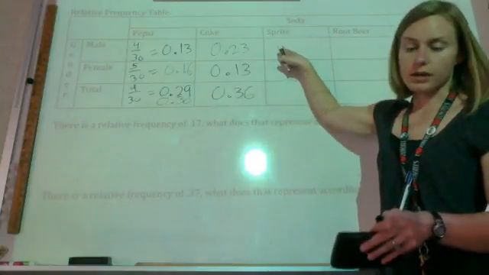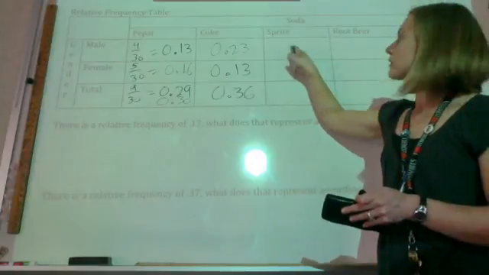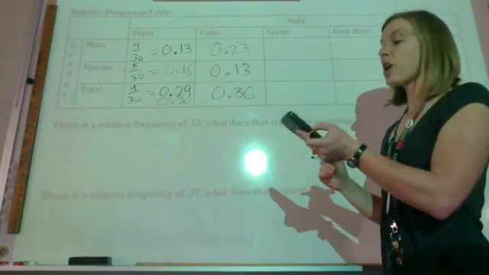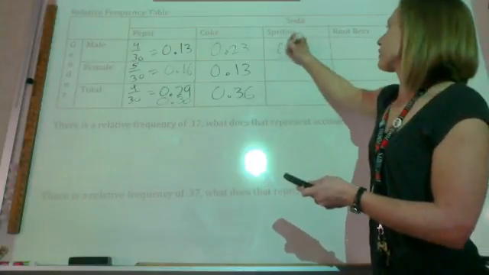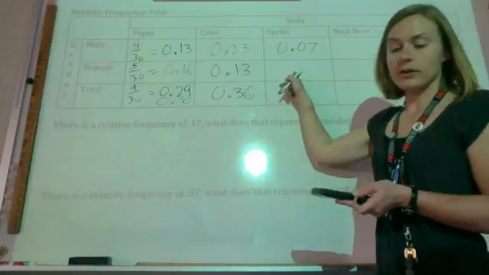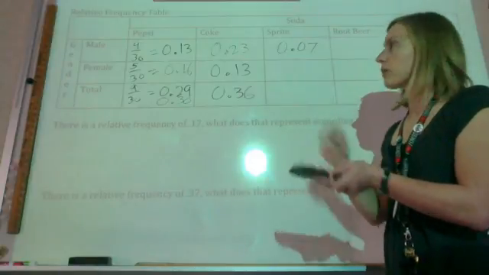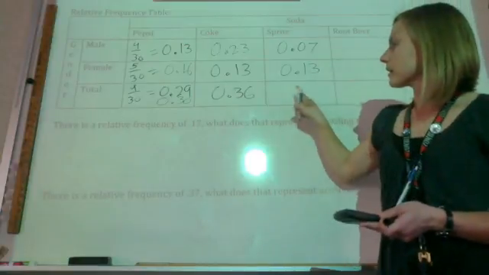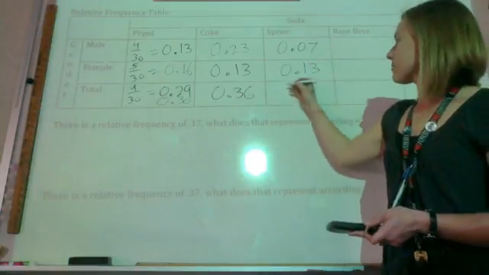Sprite, there were 2 males who liked Sprite, so 2 divided by 30, and we get 0.066, so we're going to round that to 0.07. Females who liked Sprite, there were 4 of them. Well, we already know 4 over 30, that's 0.13. Okay, so for the total, we need to add these up, that's 0.20.